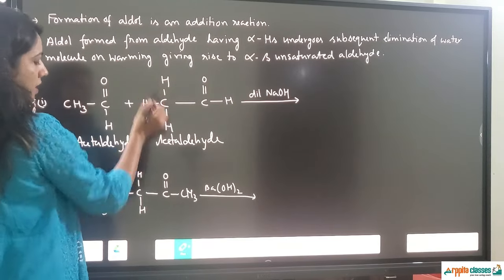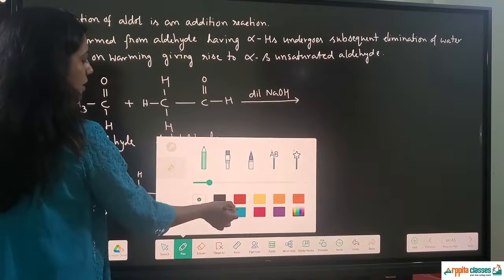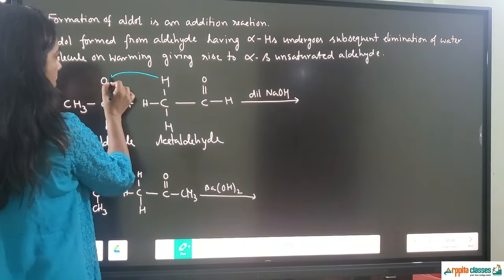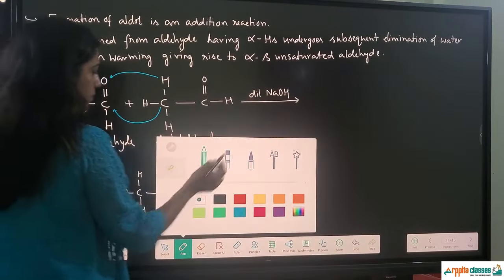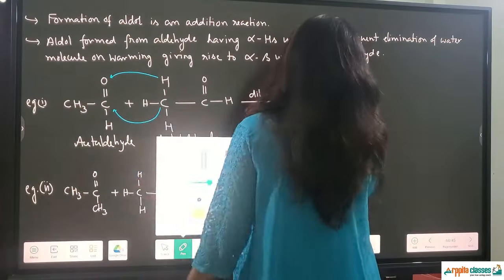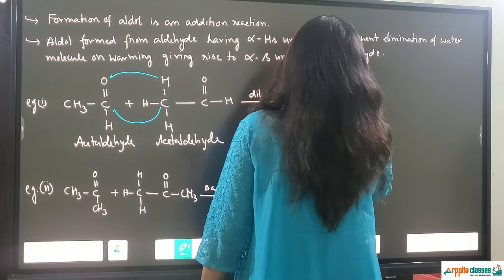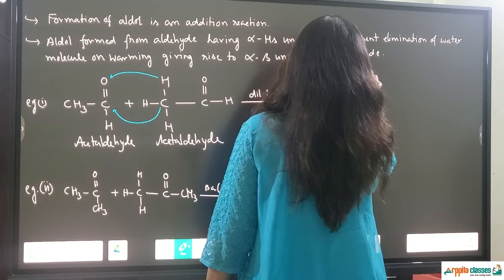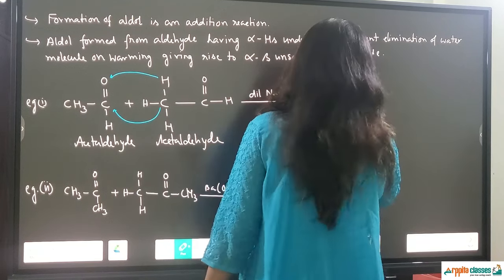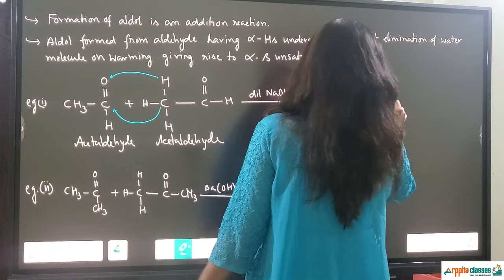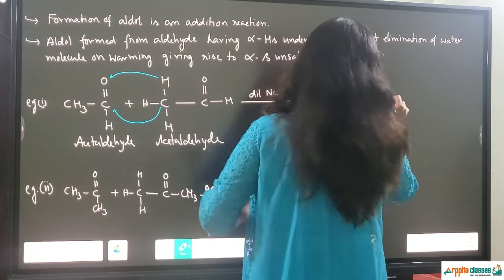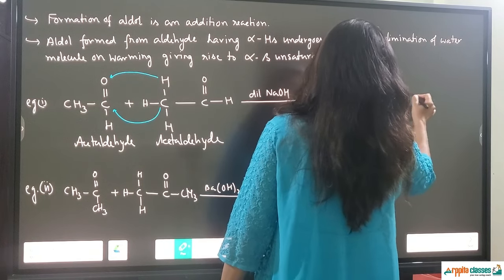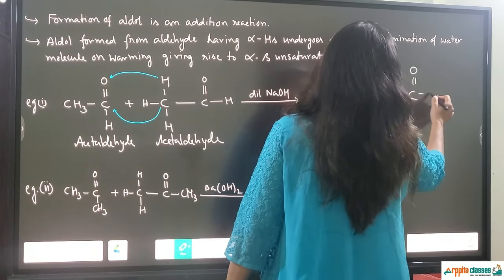The alpha hydrogen gets attached over here, and this carbon gets attached over here. So the product we get is, I am writing this CH3 as it is, then this hydrogen gets attached to oxygen, so it reduces to a single bond. There is a bond between this carbon and this carbon. Now this carbon has two hydrogens, so I am writing CH2 and then C double bond O H.